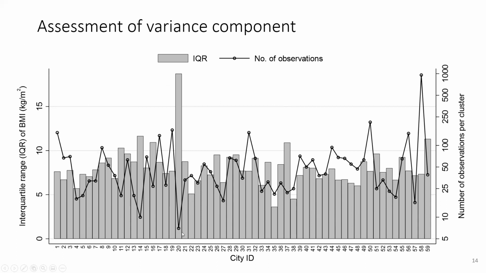So let's look at these two bars, or two cities, indicated by these red arrows. City 20, which has 7 observations, has the largest IQR among cities. It may be possible that it's just because of the small sample size, and the sample was not that representative, so the IQR was big. And the second one was the second smallest city in terms of number of observations.